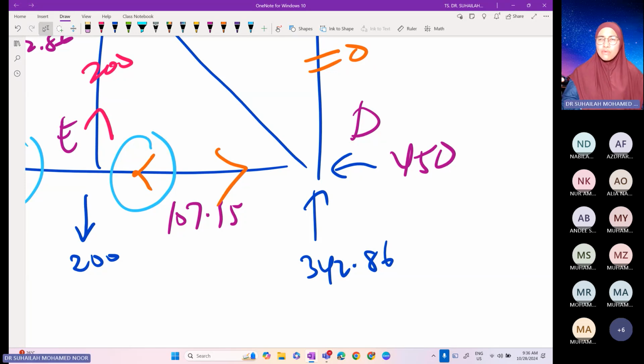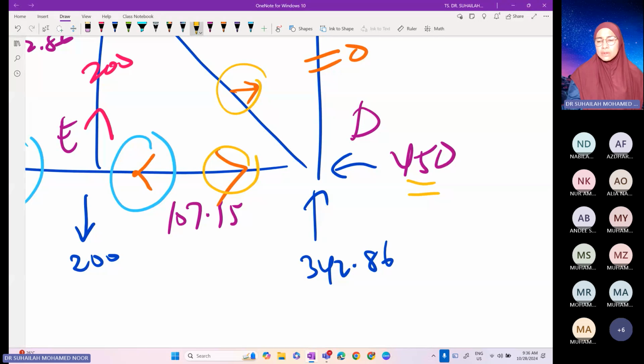Sebab dia sepatutnya 450. Nampak tak? Dia 450, dia kena 450 juga. Tapi sekarang ni dia baru ada 107.15. So the difference tu dia kat sini lah. So the difference, okay, combination dua ni sepatutnya 450. Sebab dia kena balancekan balik horizontal.